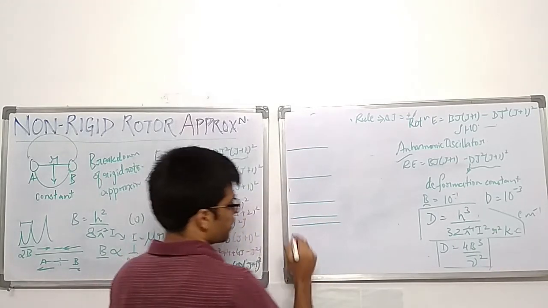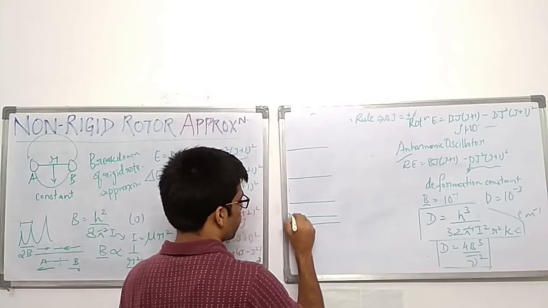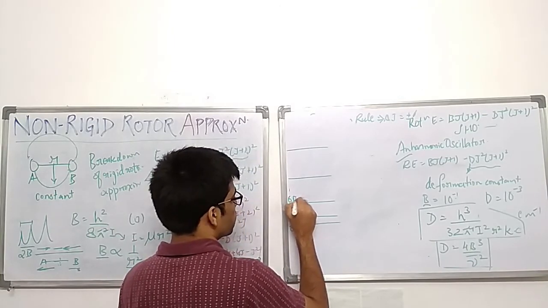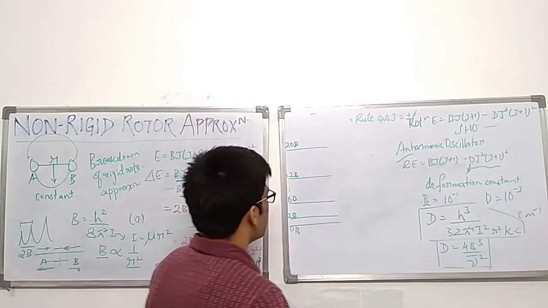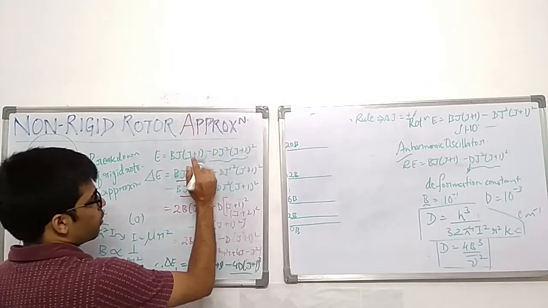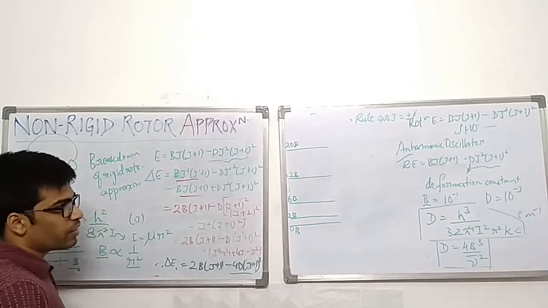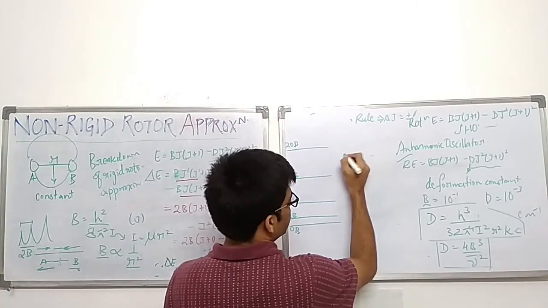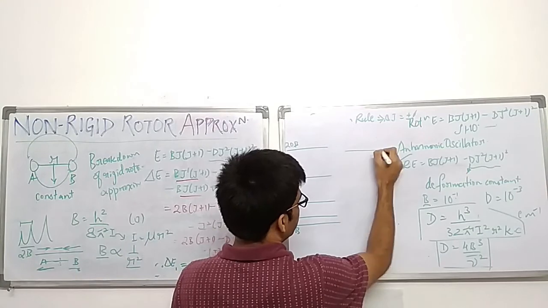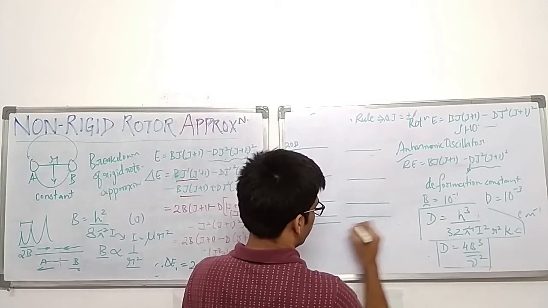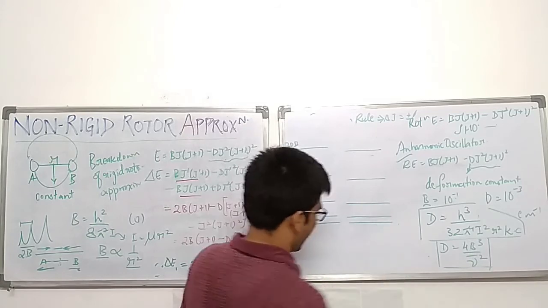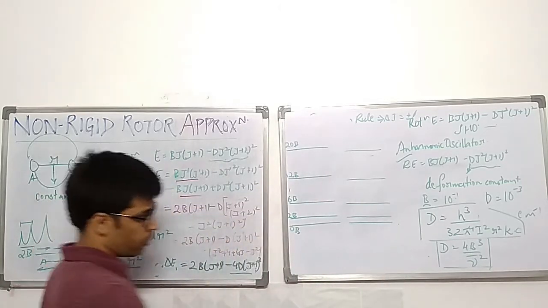Okay, let's say this is your 0B, 2B, 6B, 12B, 20B. Now you are expecting the energy levels to decrease by a factor of this, and indeed you will be able to see this. That decreases like this, but the last energy level still remains the same.